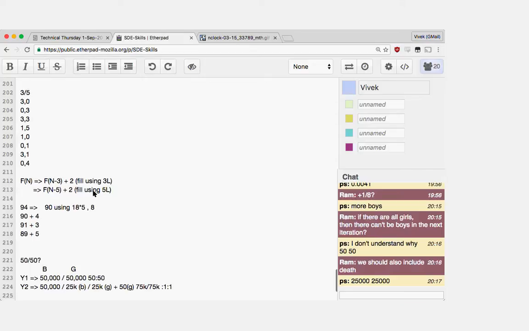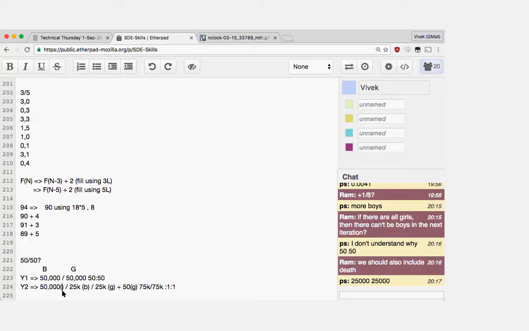But per family, 1 baby per year, correct. So then 50,000 babies per year. No, the first year 100,000, the second year only 50,000 babies.